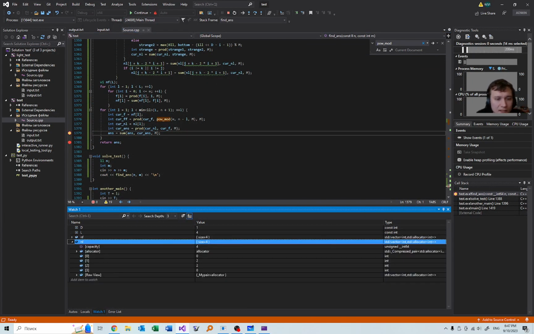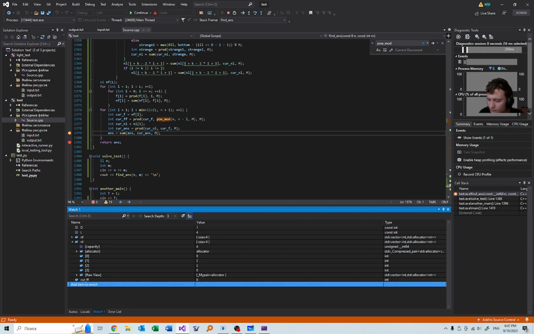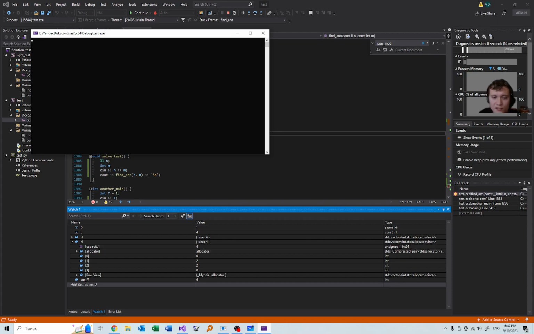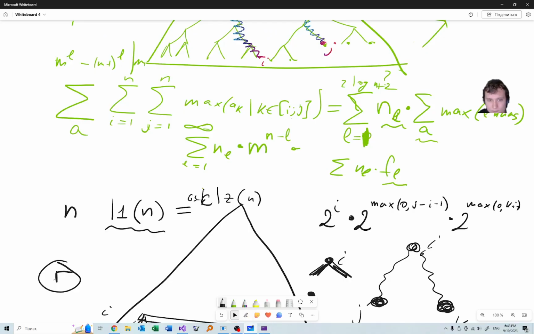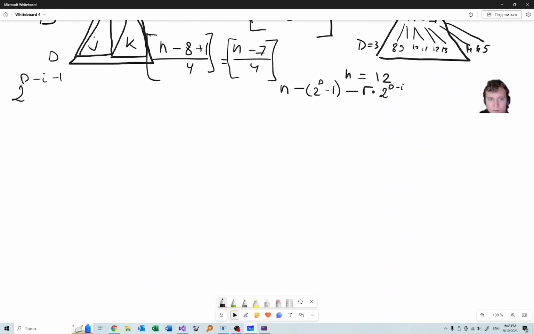So there are definitely two paths which are in the same vertex, and the answer should be 6. Why 6? Let's see. M equals 2.